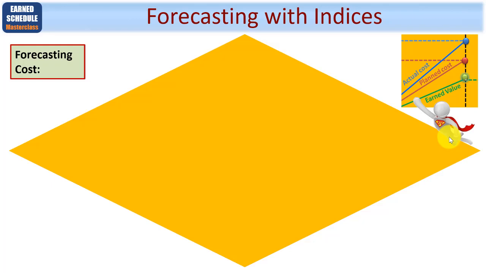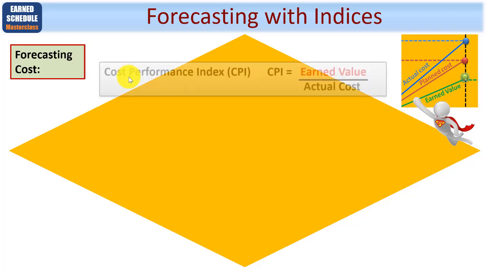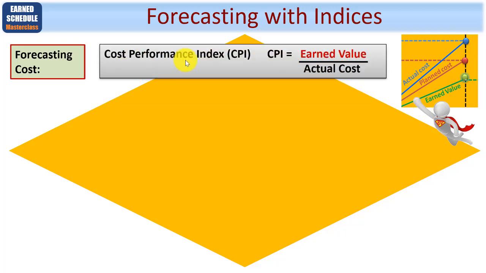Now, what you'll know with earned value is you use forecasting with indices. And here's a little reminder that at any point during your project, when you're collecting earned value, reminding you what your plan said you should have spent, and then looking at what you've actually spent, earned value is your reference point. So when forecasting cost, you use the cost performance index, otherwise known as CPI.